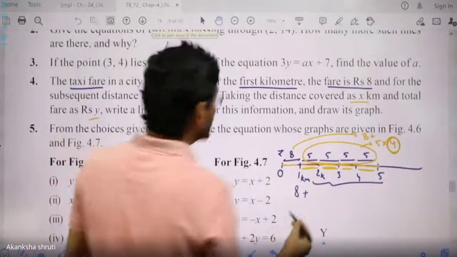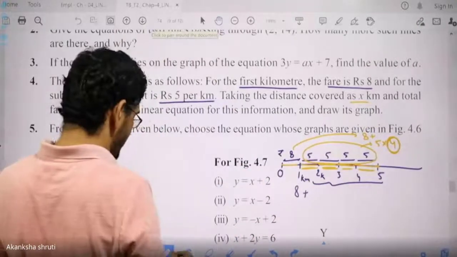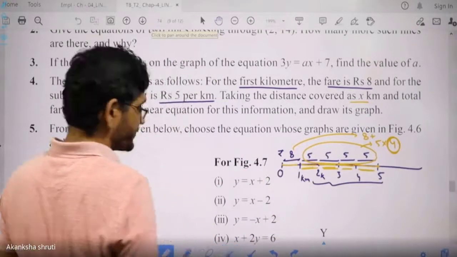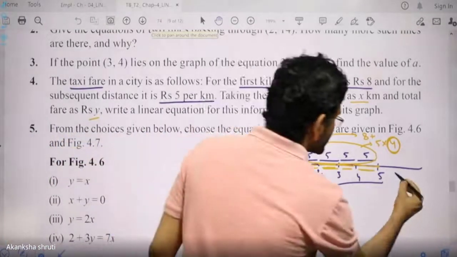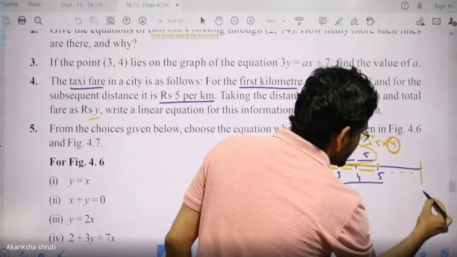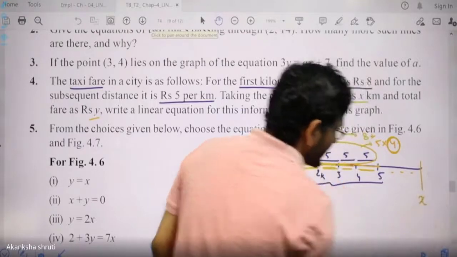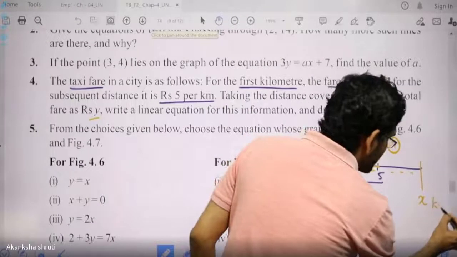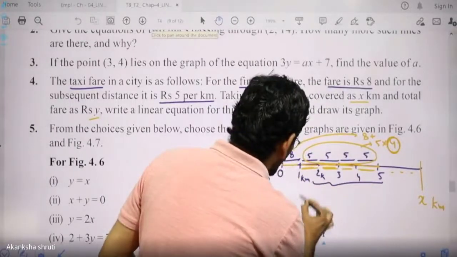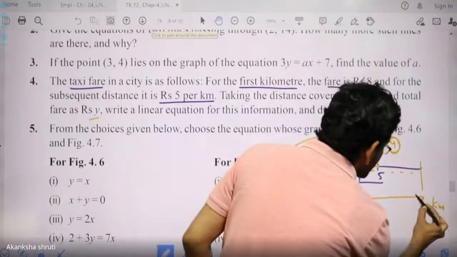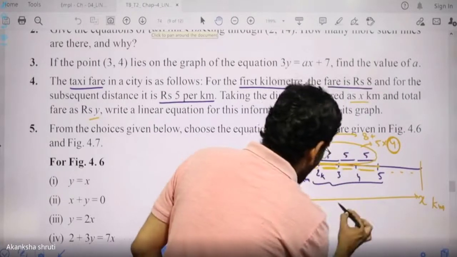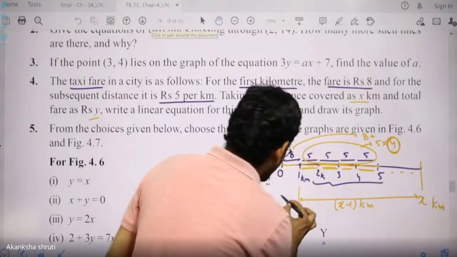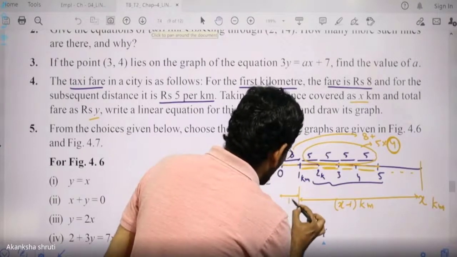Students, the total distance covered here is x. Again remember, this is our x kilometers. For this x kilometers, this much distance is x minus 1 kilometer, and this is the 1 kilometer.